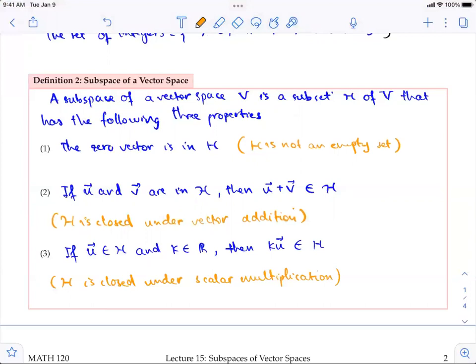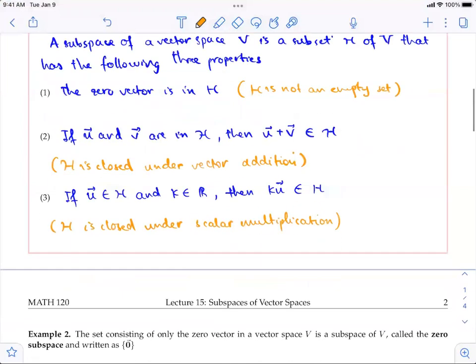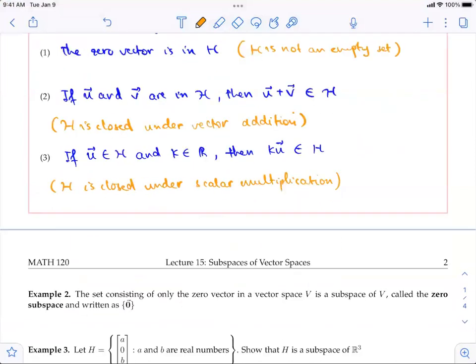The second is that H has to be closed under vector addition, and the third is that H is closed under scalar multiplication. If these three properties are satisfied, then you say the subset H is a subspace of the vector space.